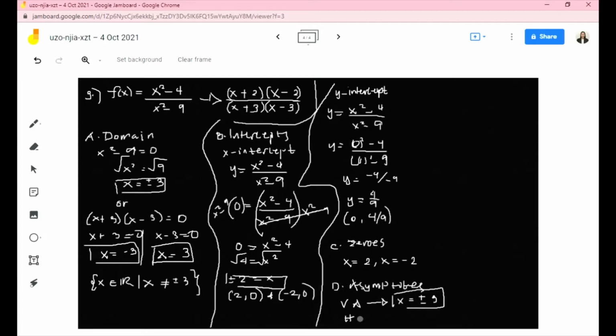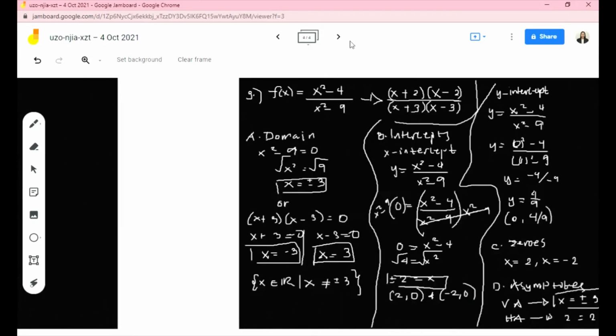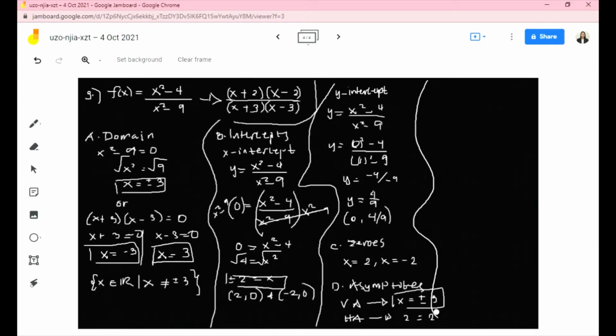Now let's have the horizontal asymptote. Let's compare the degree of the numerator and the denominator. The highest degree of the numerator is 2, the highest degree of the denominator is 2. Since they are equal, y is equal to a over b.